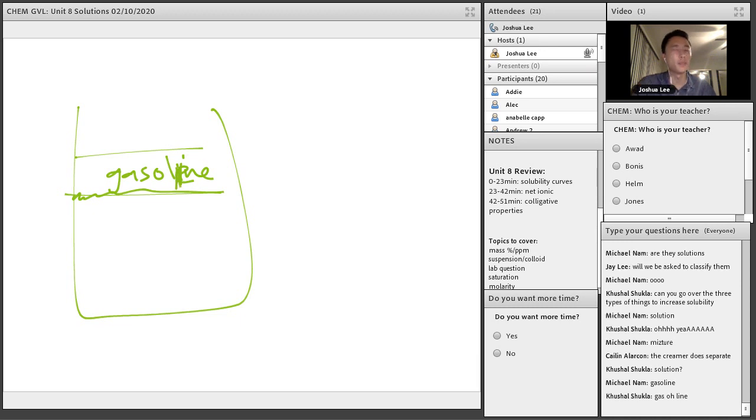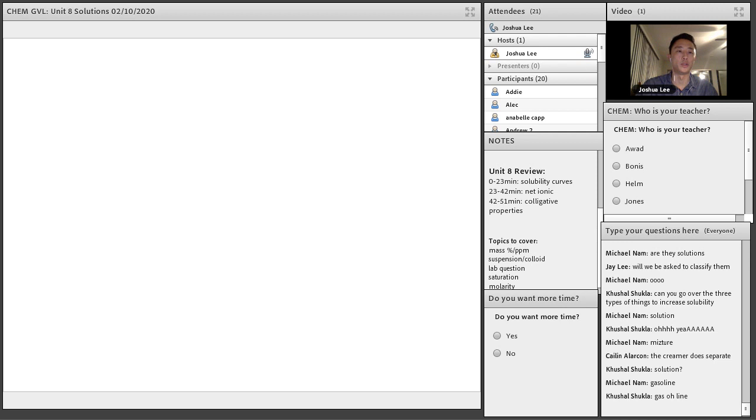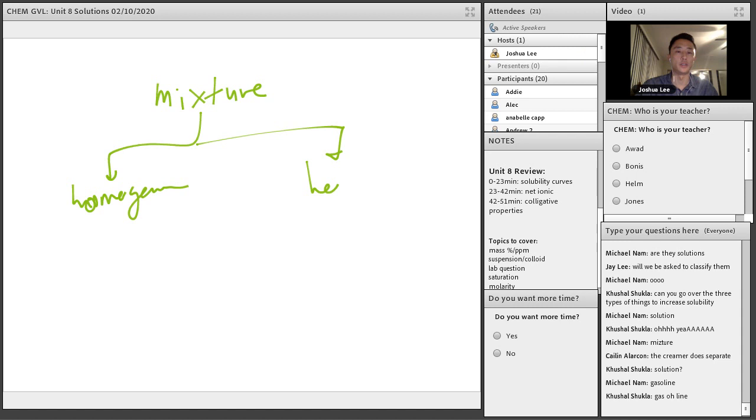But yeah, so that's the main difference between suspension, colloid, and solution. A solution is a homogeneous mixture where everything is the same throughout, whereas colloids and suspensions are not. You could think of this like a little tree map where you have a mixture. If it's homogeneous, this would be a solution.